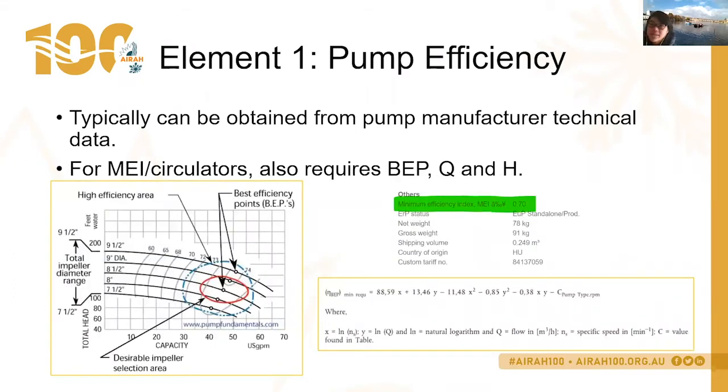With the MEI, it's basically a formula that looks at your pump best efficiency point, or BEP, your flow and your head at multiple points.